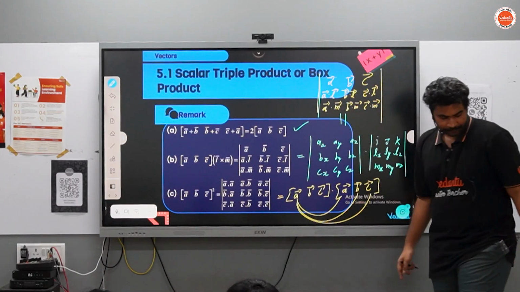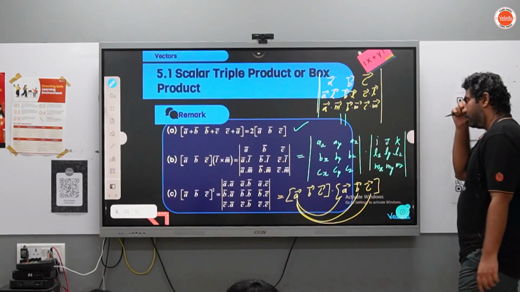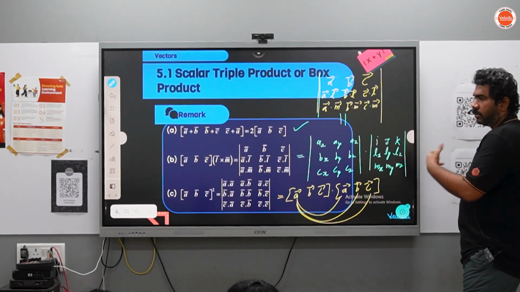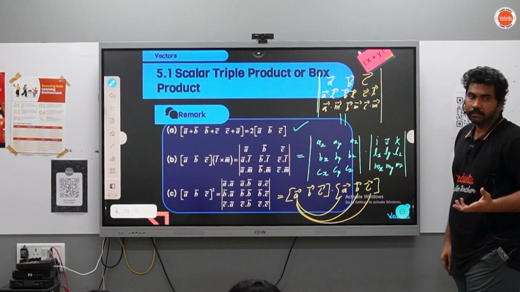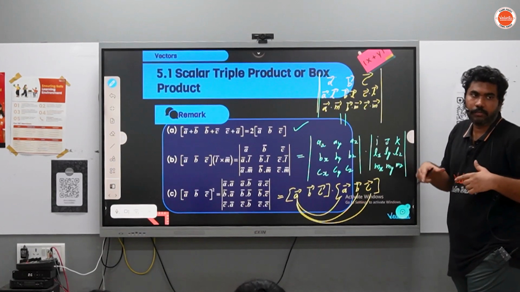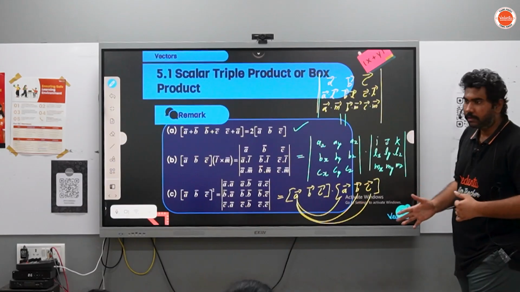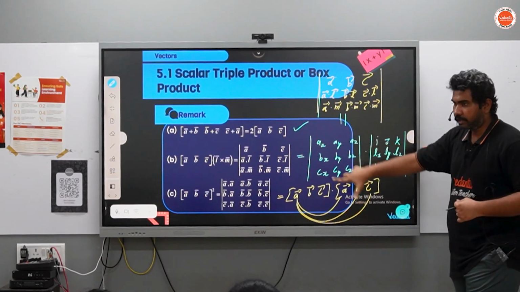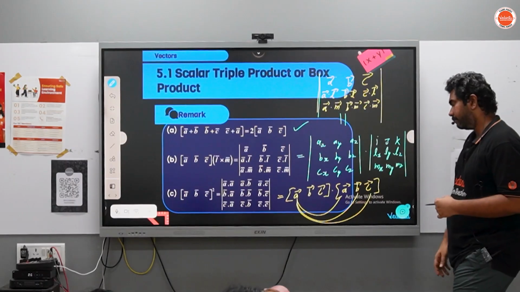These are things you can easily get. You don't have to memorize. Only the properties of determinants, you know how determinants work. So from there you can get this result directly. You don't have to memorize this. No need of rote memorization.